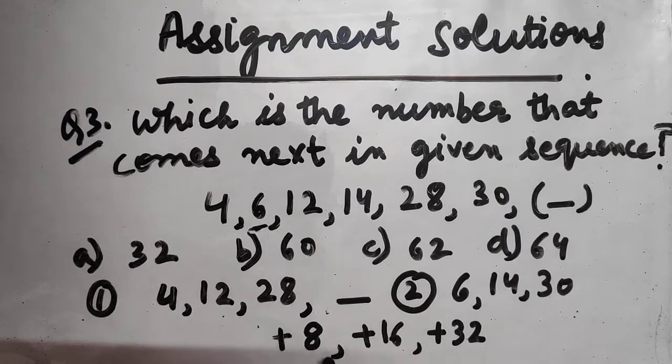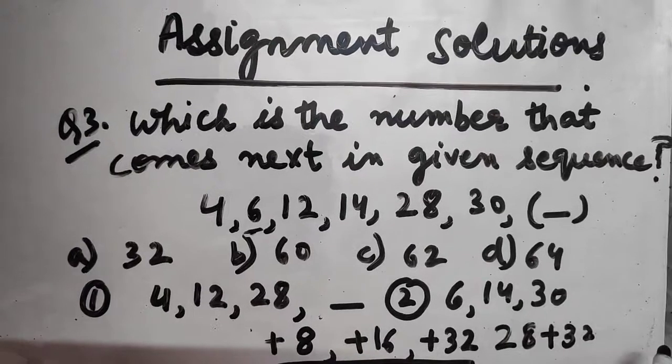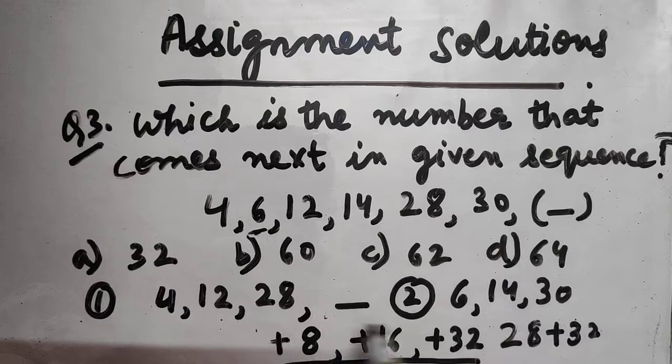So as I told you, the numbers are being added in this sequence. So if I add 28 plus 32, the answer comes out to be 60. So B option is the correct option.